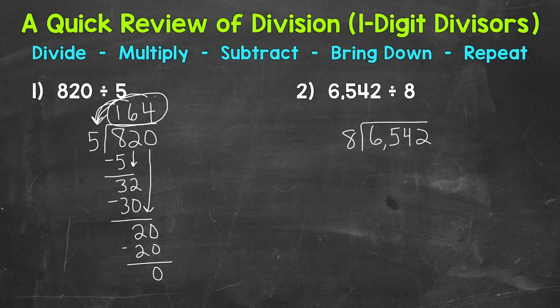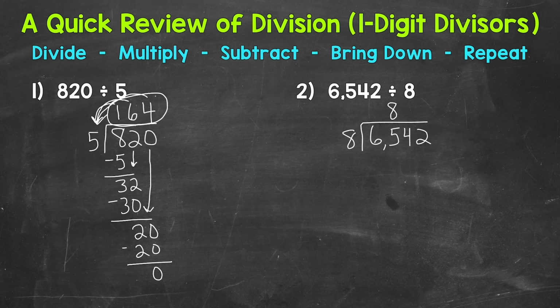We don't have any whole groups of 8 out of 6. So we need to take a look at the next digit over and combine that 6 and 5 to make a 2-digit number. So we're looking at 65. How many whole groups of 8 are in 65? Well, 8. That gets us to 64. So 65 divided by 8 is going to be 8. And that 8 needs to go above the 65, not the 6.